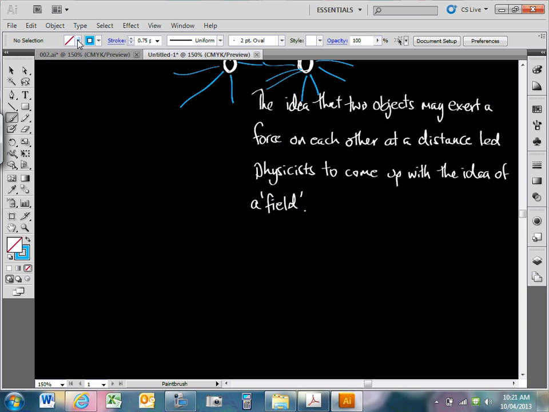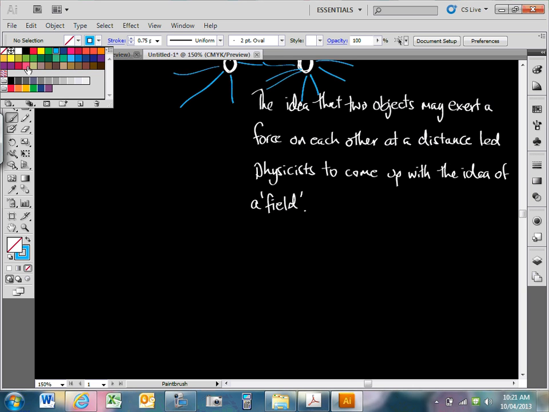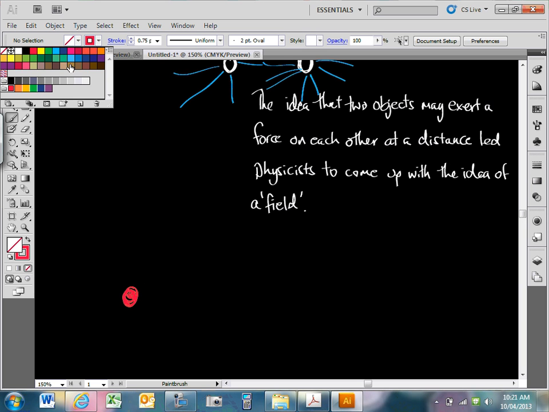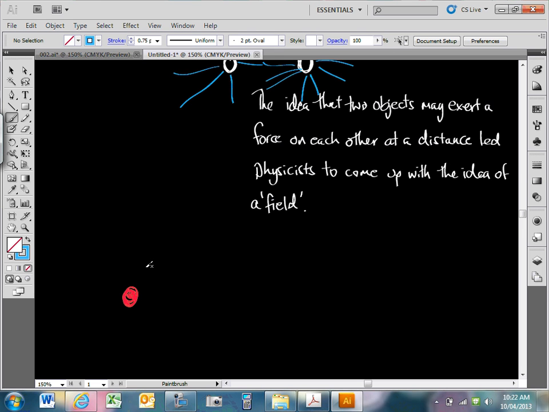If I have some charge, we might say that in this case it's a positive proton, and there's a field surrounding this proton, and I'm going to draw it in. These field lines are directed radially outward.